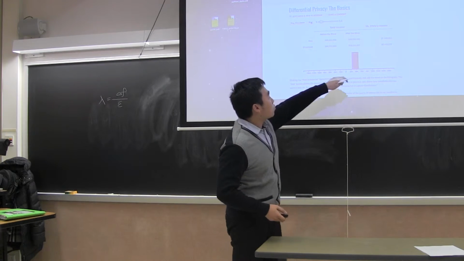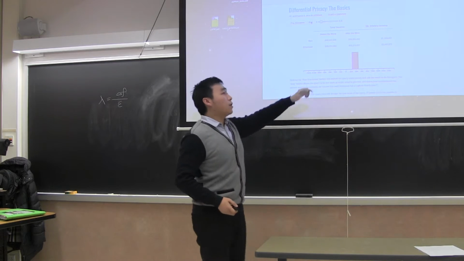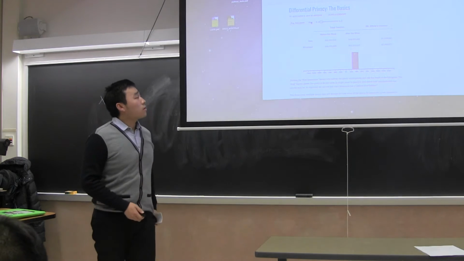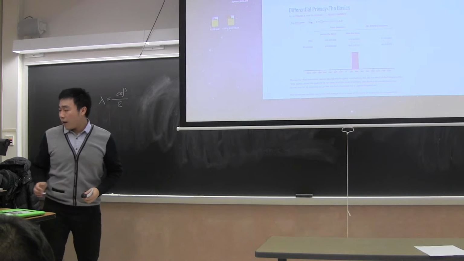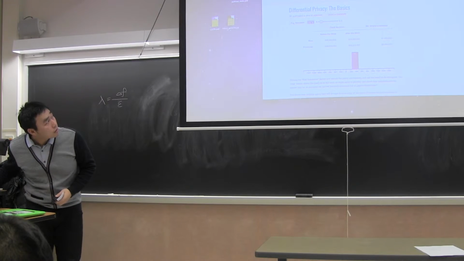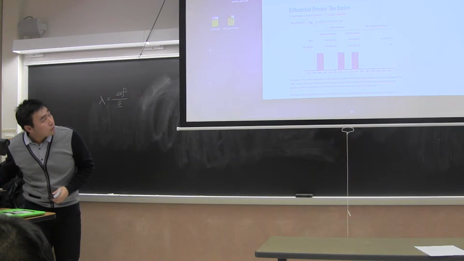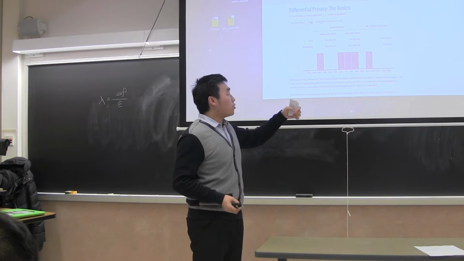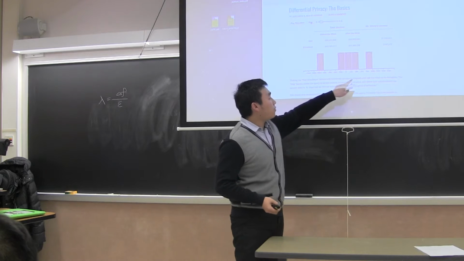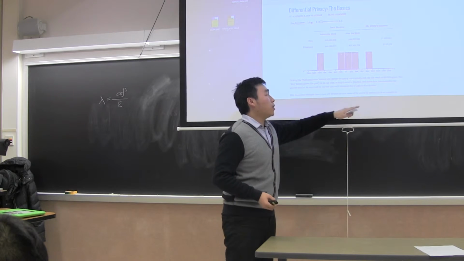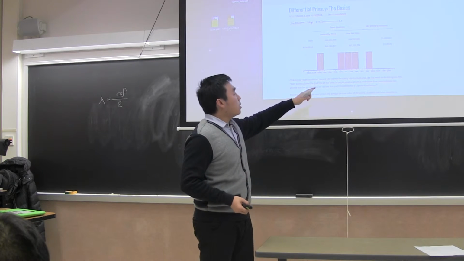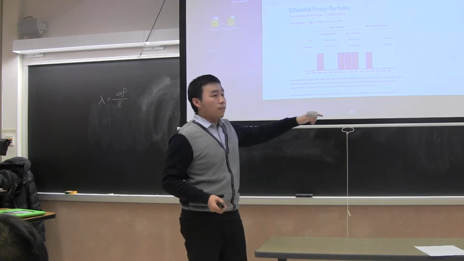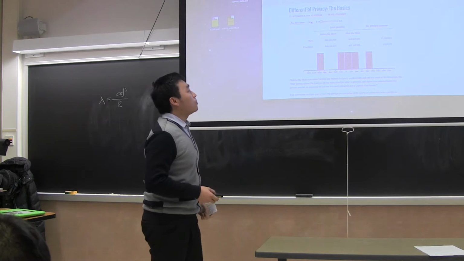The exact value should be 1 million, Mr. White's salary, and this is what we get after we apply differential privacy. We can see we get different results about Mr. White's salary, and it's not exactly the actual value.